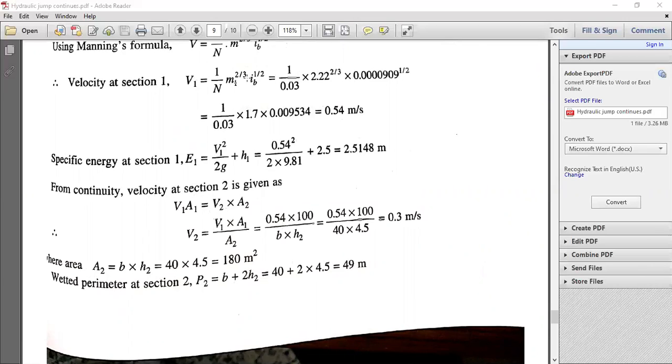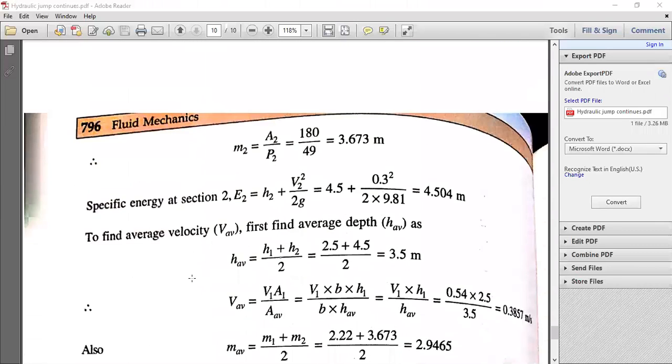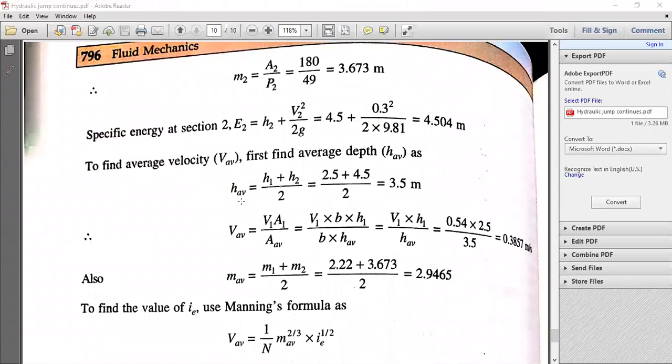Before we calculated for the first section, and now we are calculating it for the second section. So M2, again E2. The average of H is H1 plus H2 by 2, that is 3.5. V average is nothing but V1 A1 by A average. So we consider H average here, and we get 0.3857.